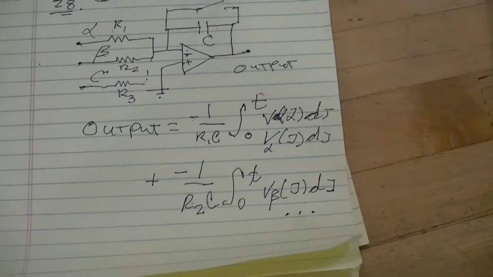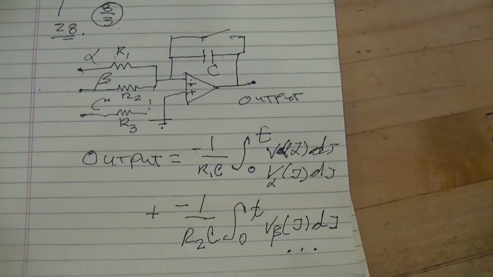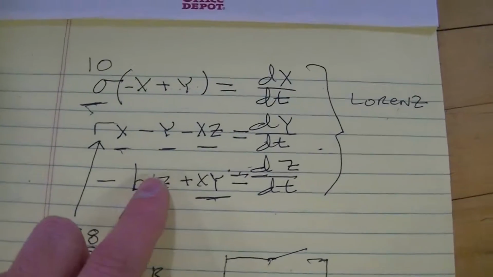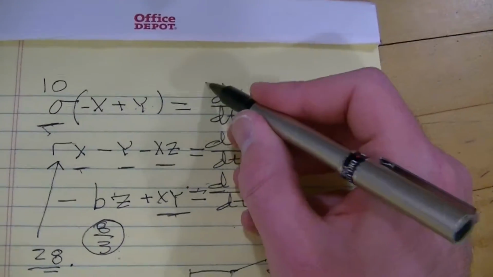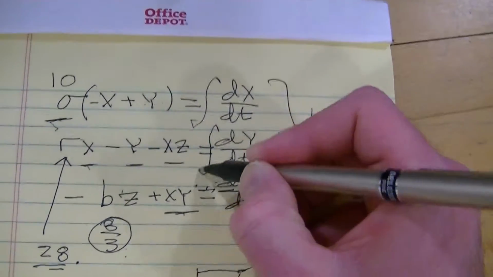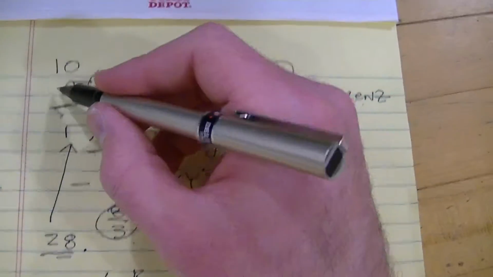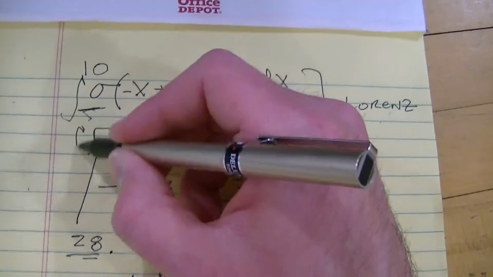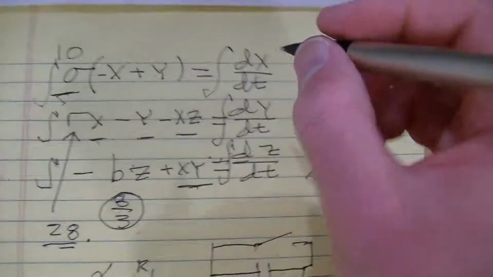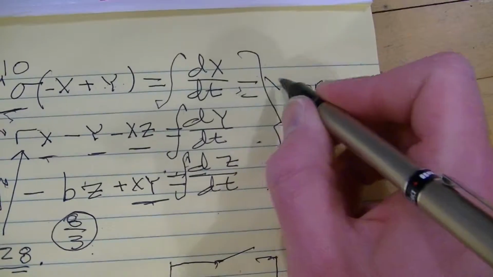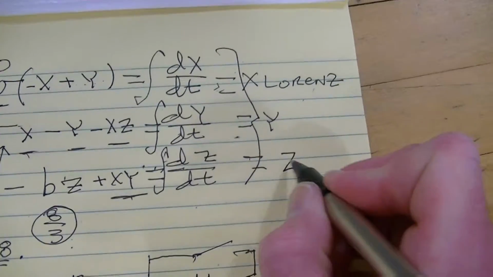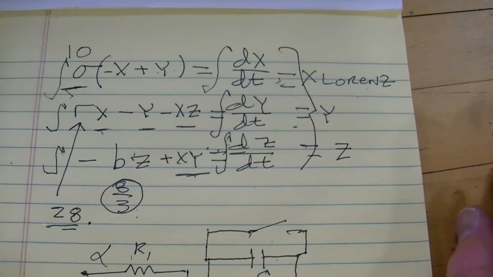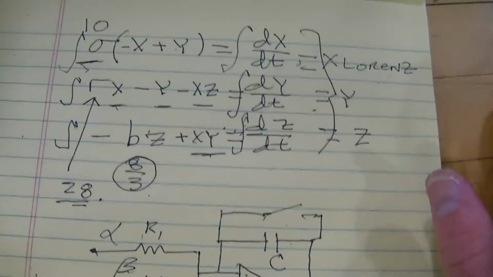Okay, so now we have a means to integrate. So to implement this, if we integrate these on both sides, then this would equal x, this would equal y, and this would equal z, plus, of course, the arbitrary constant, but let's ignore that for now.